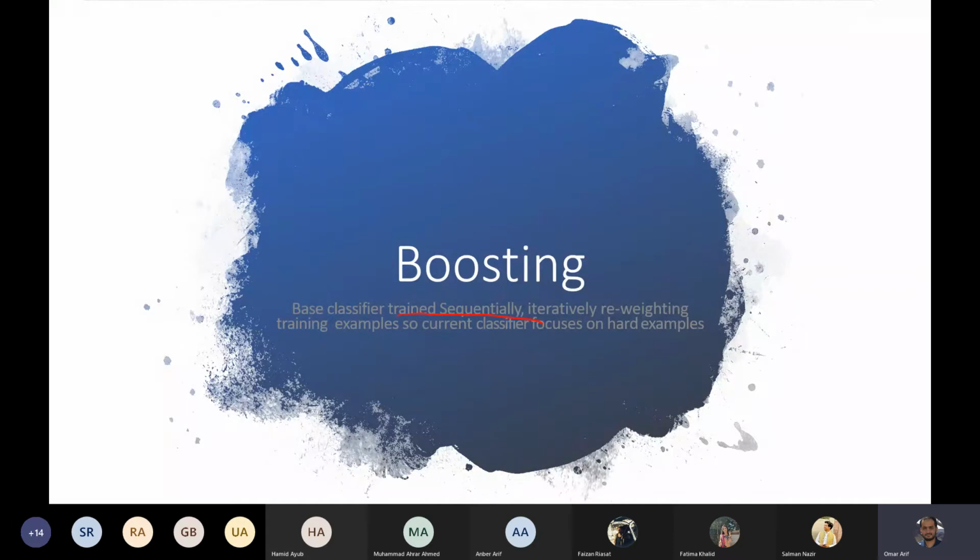What we are going to do is iteratively reweight the training examples so that the examples which were wrongly classified in the previous round are given more weightage. This is how we train our base classifiers sequentially, by reweighting the training examples.